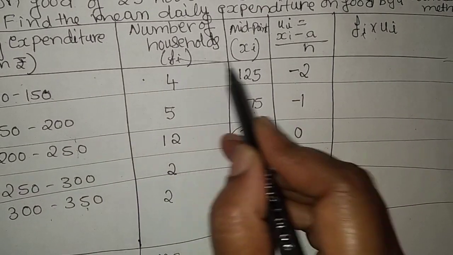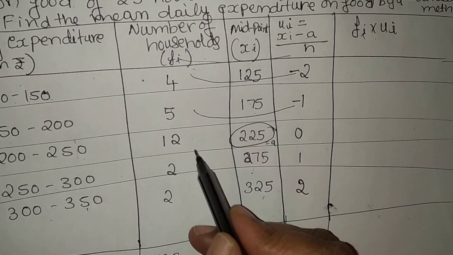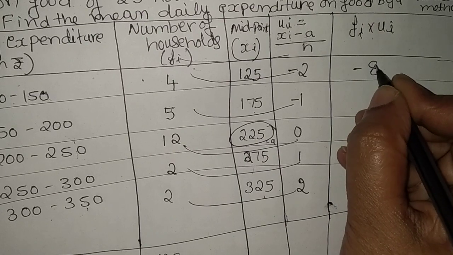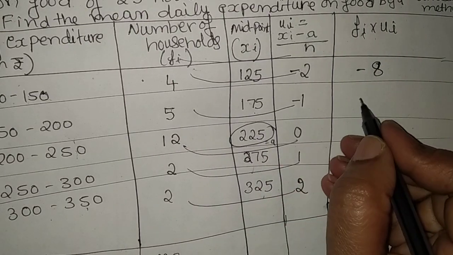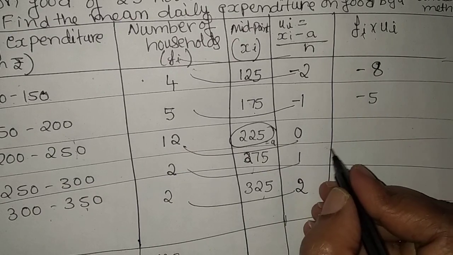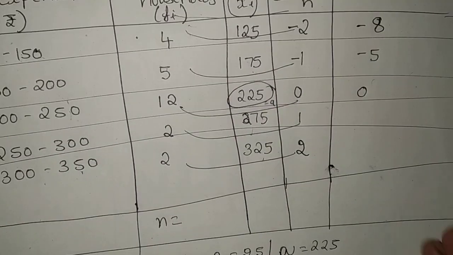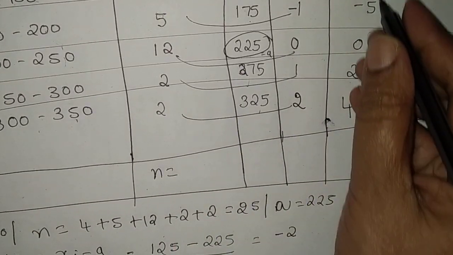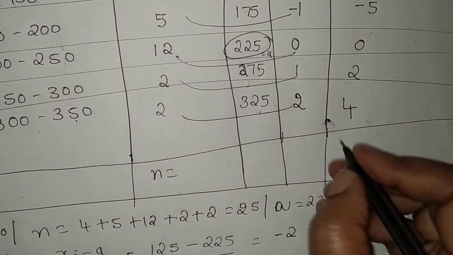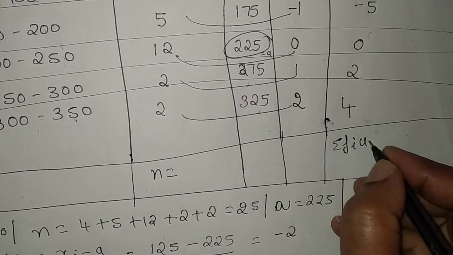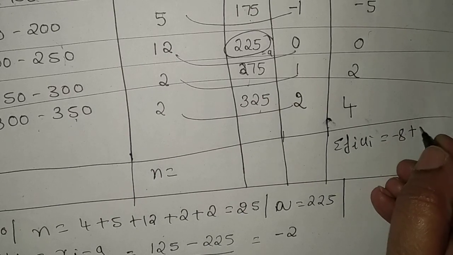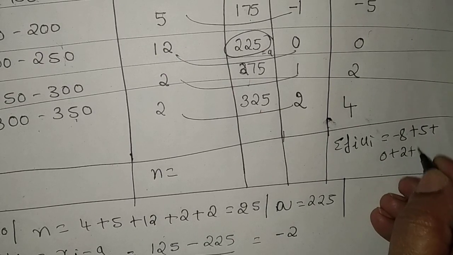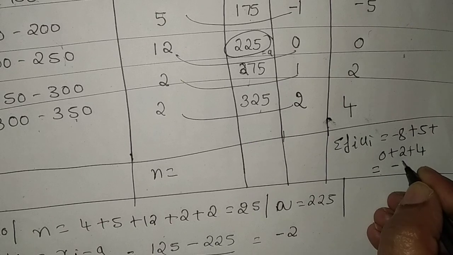Fi is this, ui is this, multiply each set of values. 4 into minus 2 is minus 8, 5 into minus 1 is minus 5, 0 into 12 is 0, then 2 into 1 is 2, 2 into 2 is 4. Add all this. So summation of fi ui is equal to minus 8 plus minus 5 plus 0 plus 2 plus 4, which is equal to minus 7.